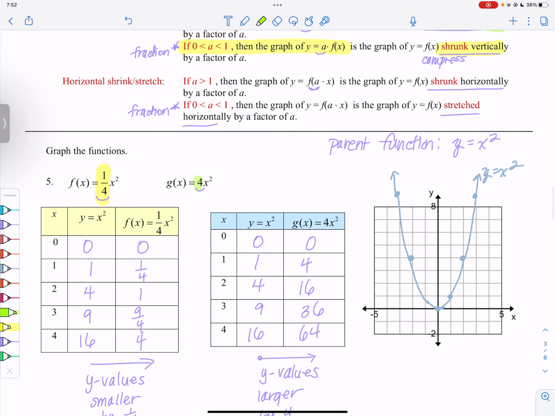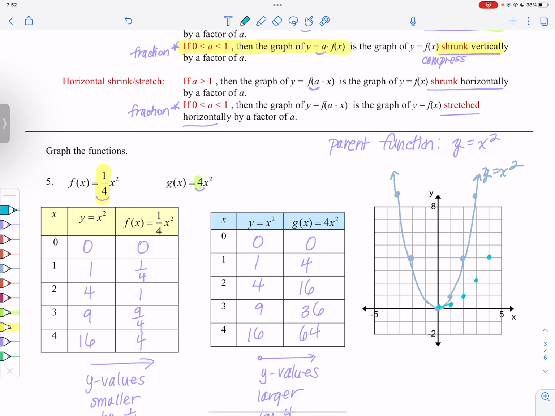So we could put a few of those points on here. It's a little difficult to do that, but let's just go ahead and try. We will put the 1/4 x squared first. So we have 0, 0, 1, 1/4, 2, 1, 3, and then it's a little bigger than 2, and then 4, 4.